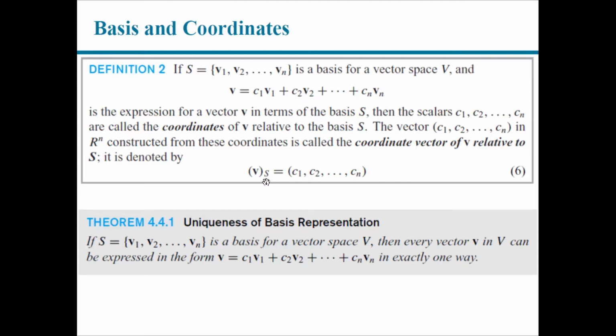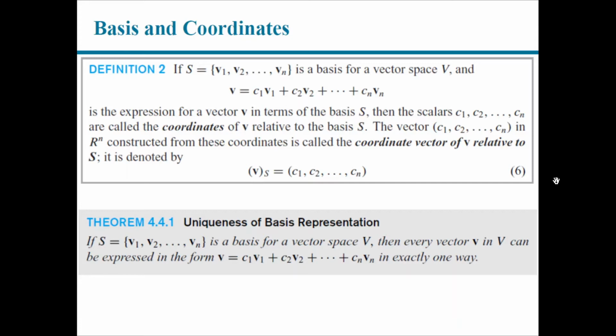So when we write an ordered list here, these coordinates have a meaning. The first one multiplies the first basis vector. The second one multiplies the second basis vector. The third one will multiply the third basis vector. And the Cn will multiply the last basis vector, Vn. So that's what we mean by ordered basis.